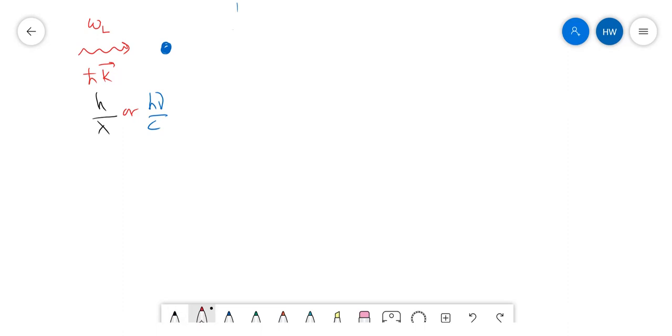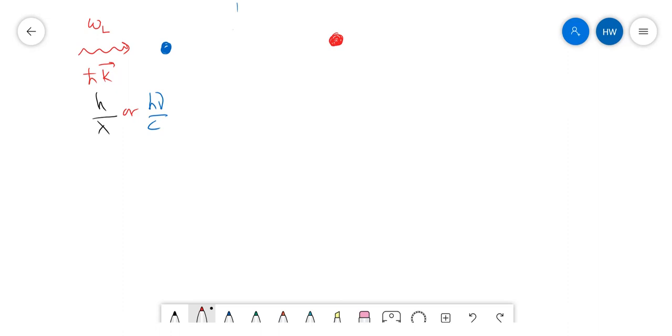After the interaction, the atom goes to the excited state. So I'm now representing the excited atom in that direction. But something else has happened. The atom not only took away the energy and hence went from the ground state to the excited state, it also needs to conserve the momentum, because imagine the atom was initially stationary.